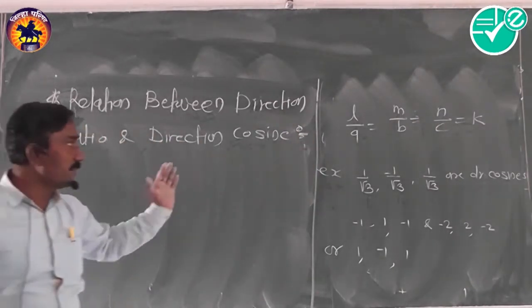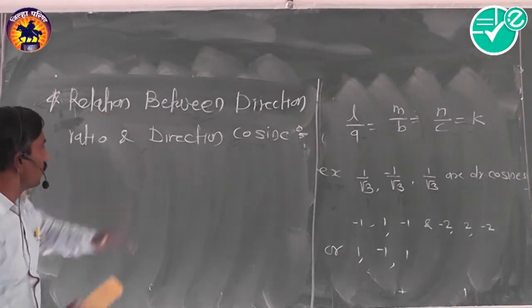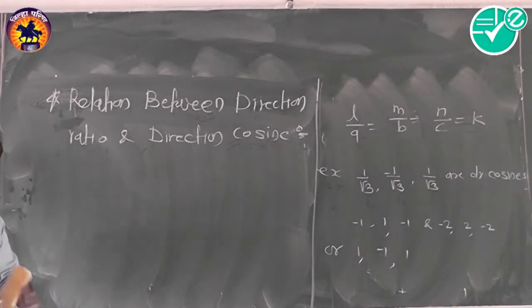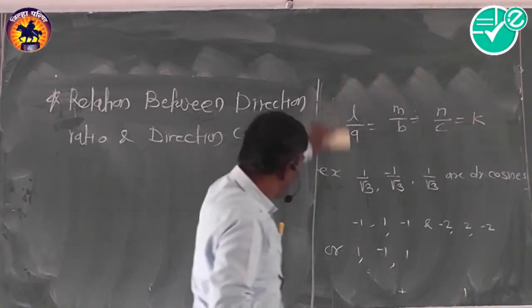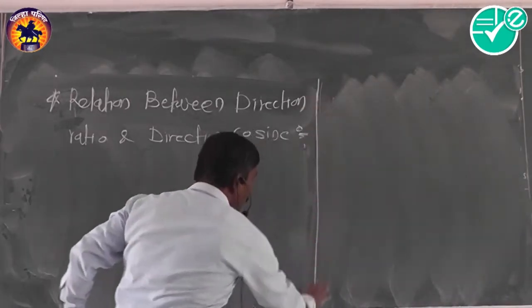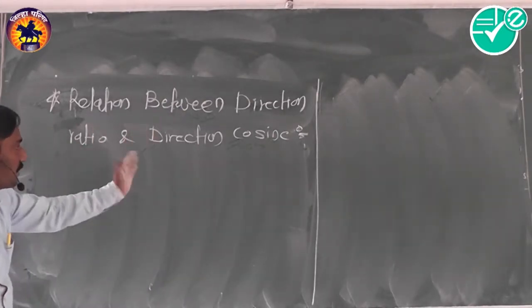This we first have to understand, because if we understand direction ratio and direction cosine, then we must understand what the relation between them is. So we first see what the relation between direction ratio and direction cosine is. After that we will see an example of direction ratio and direction cosine.